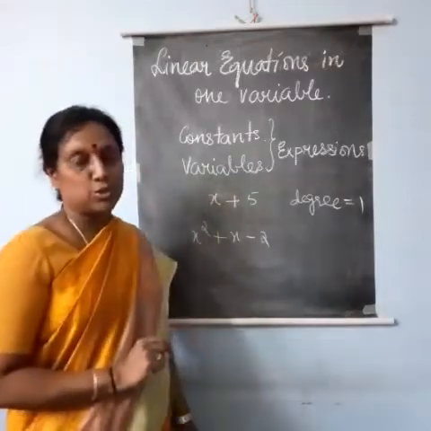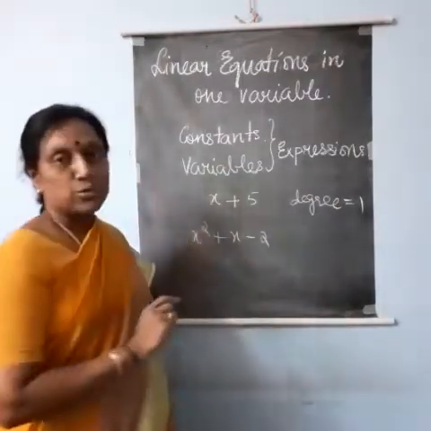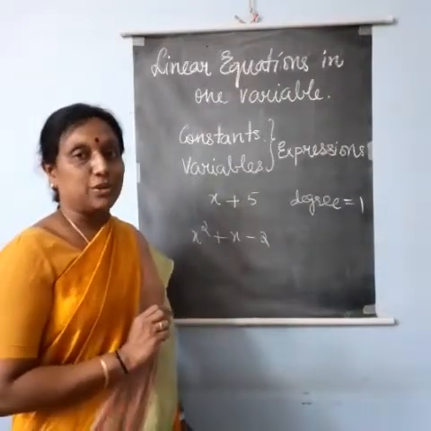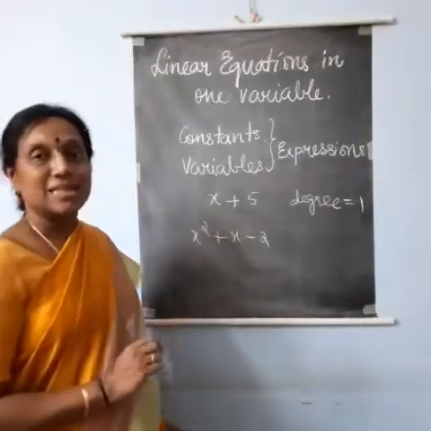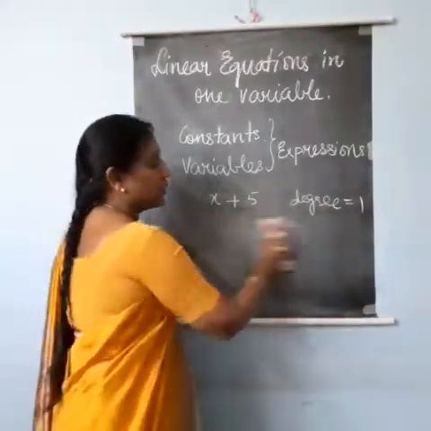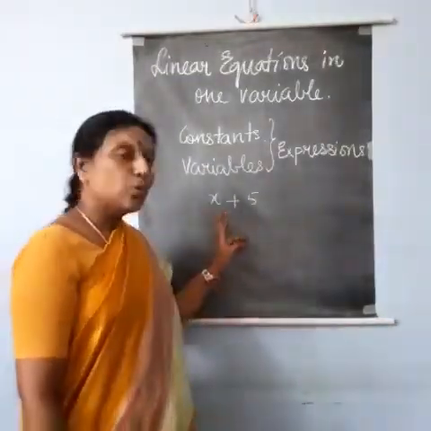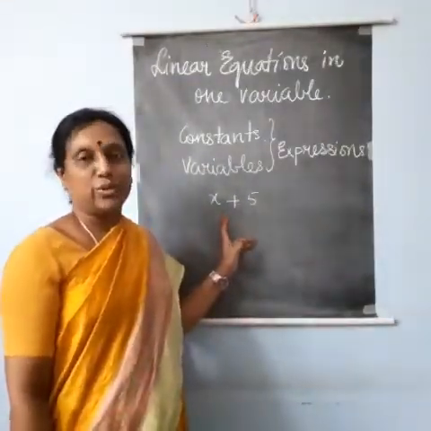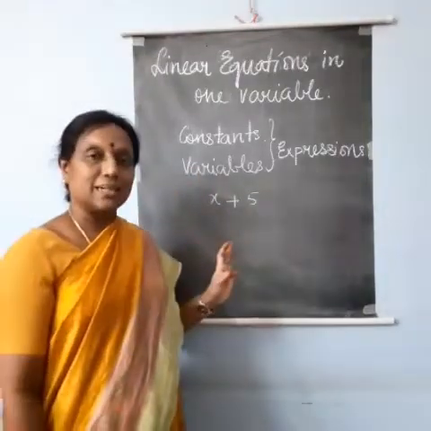It will be 2. When the degree is 2, it is called a quadratic polynomial. When the degree is 1, it is called a linear polynomial. So, we are going to deal with only polynomials in one variable whose degree is 1. Have you got it? So, that is our topic for this year.